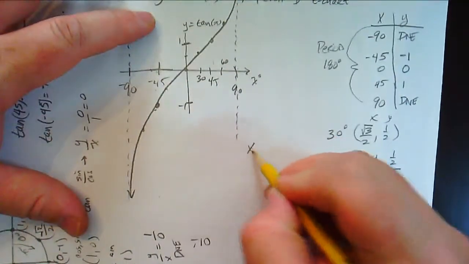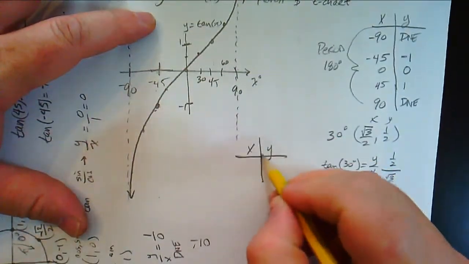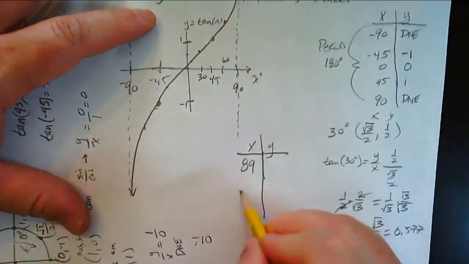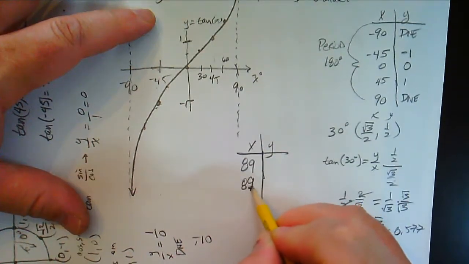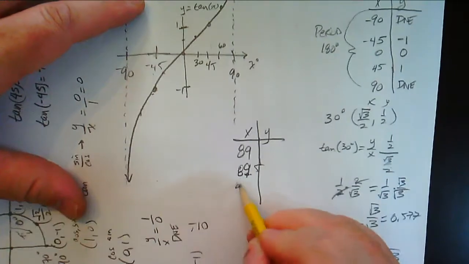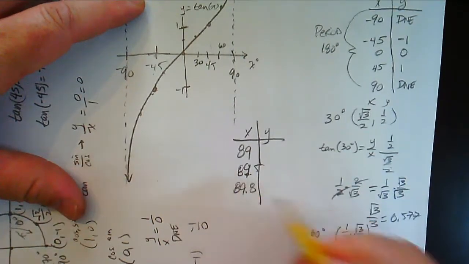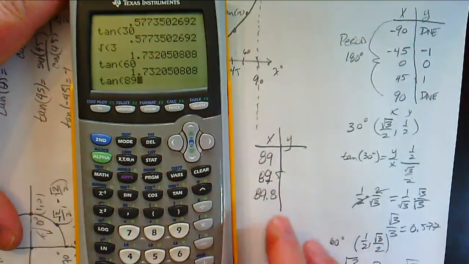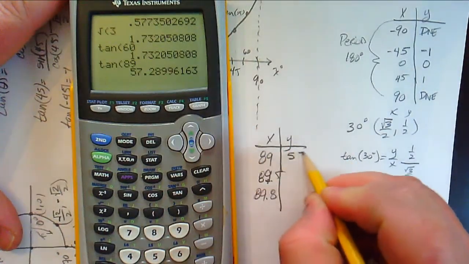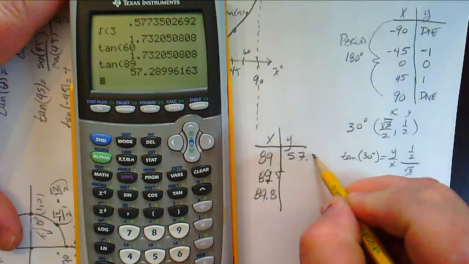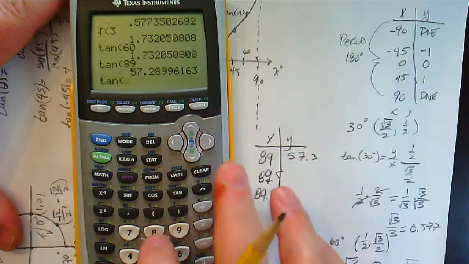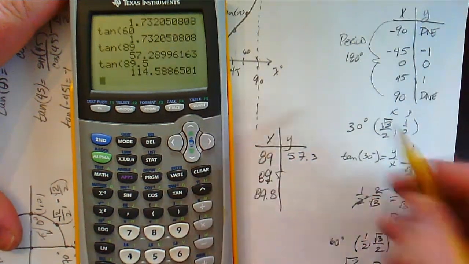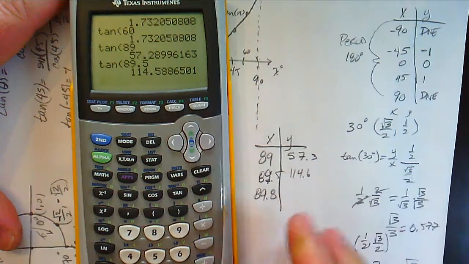So if we do x, y, let's do 89, let's do 89.5, let's do 89.8. And we'll see how this works right here. Tangent 89 is all the way up to 57.3. Tangent of 89.5, wow, 114.6.